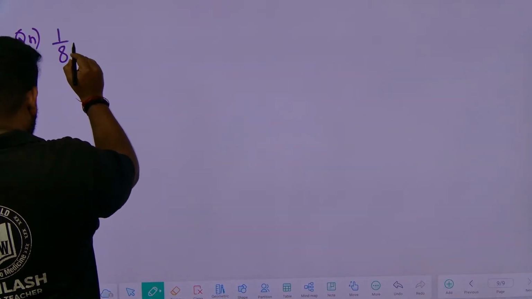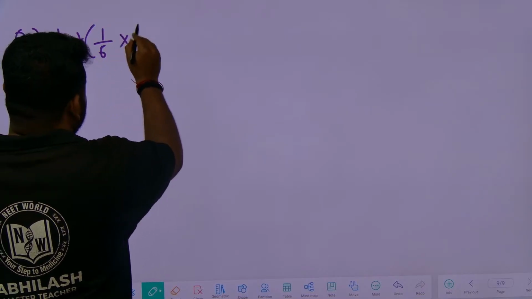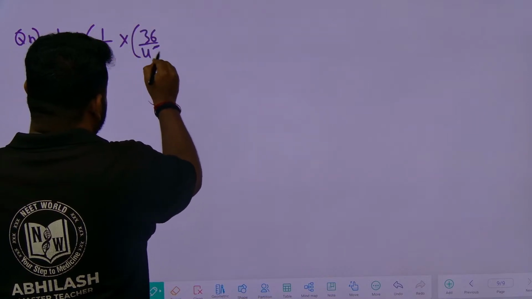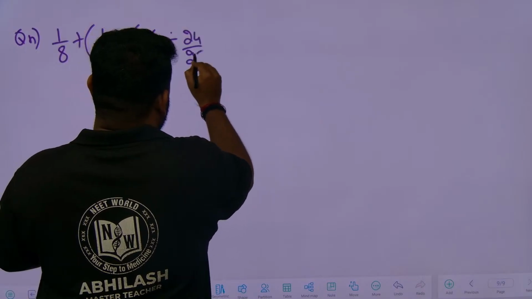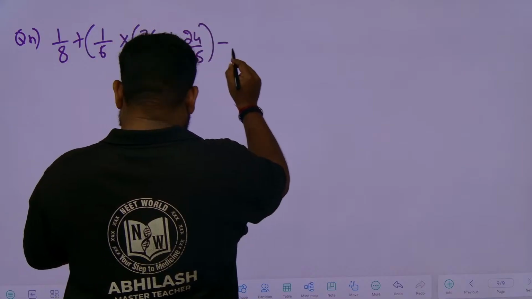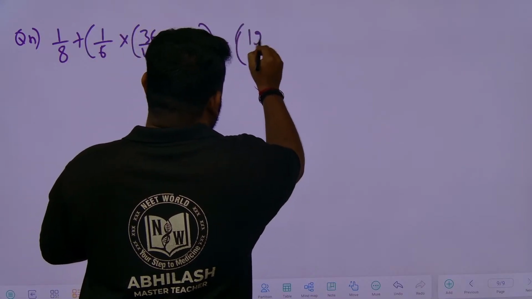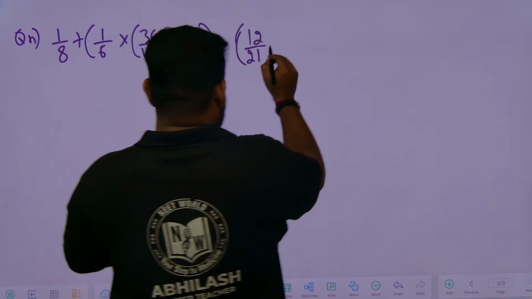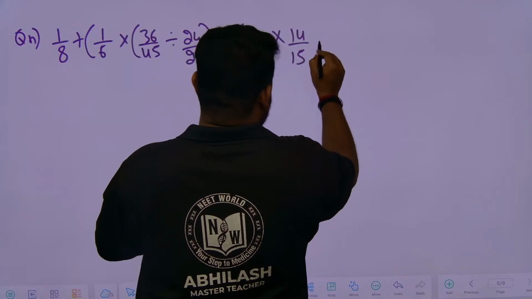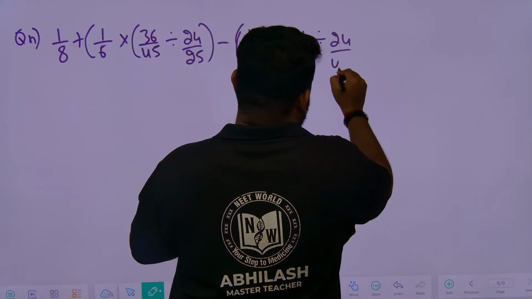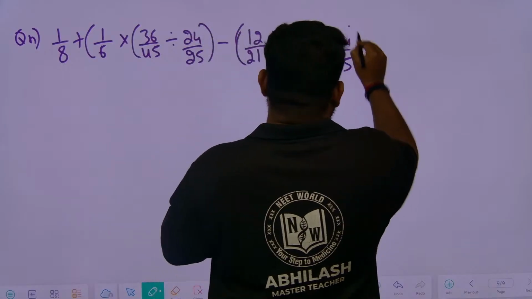The question is like this. It is given: (1/8 + 1/6 × 36/45 ÷ 24/25 − 12/21 × 14/15 ÷ 24/45), bracket close.